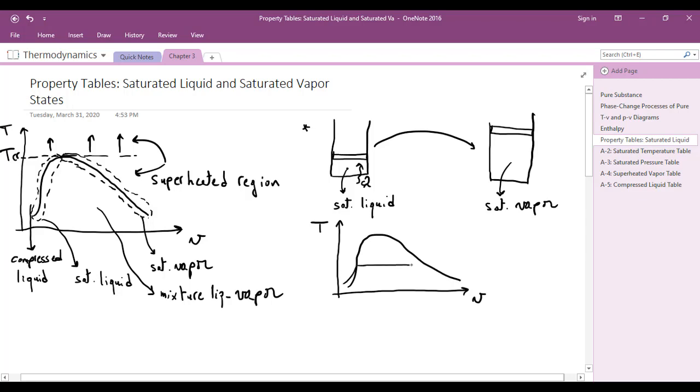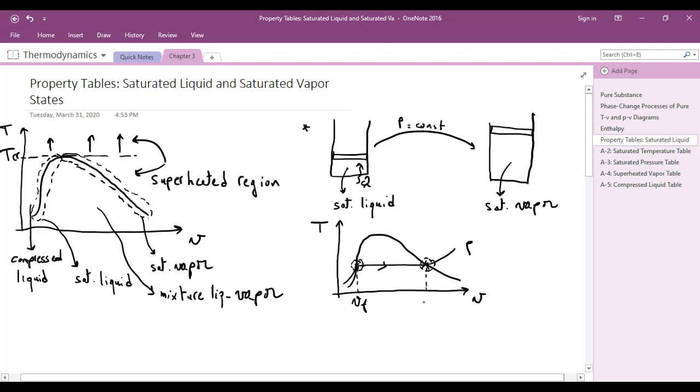this process all happens at some given pressure, and the pressure here is held constant. Initially at state 1 we have a saturated liquid and the specific volume is vf, and heating starts until all the liquid is transformed to a saturated vapor at state 2.